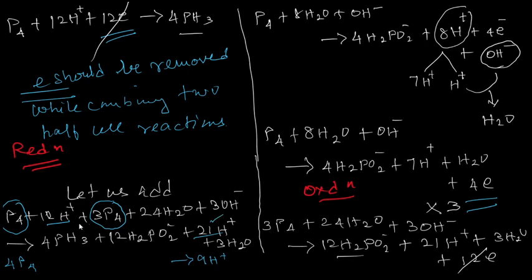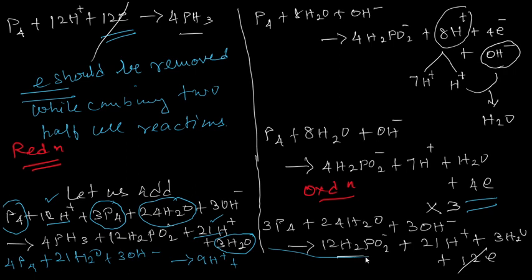The remaining we can write as it is, plus 24H2O. This 24H2O and 3H2O can be cancelled and written as 21H2O, plus 3OH minus ion. So now we have simplified the LHS.